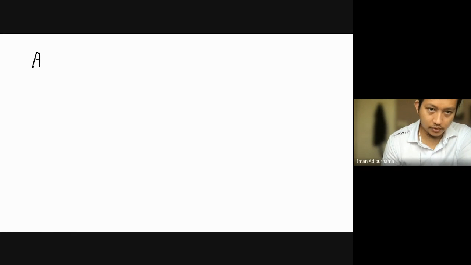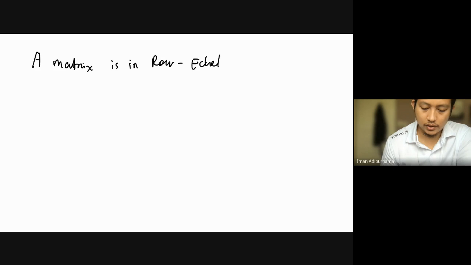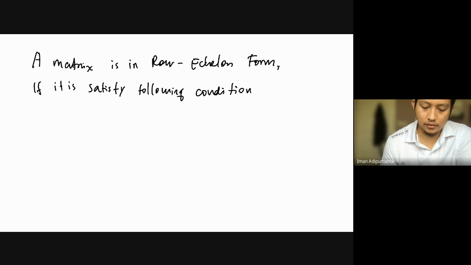A matrix is in row echelon form if it satisfies the following conditions.